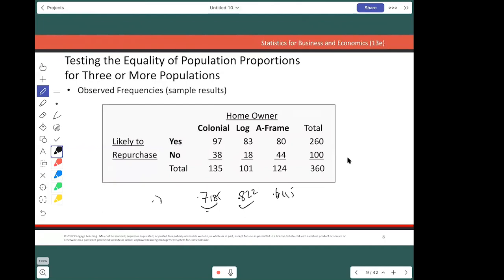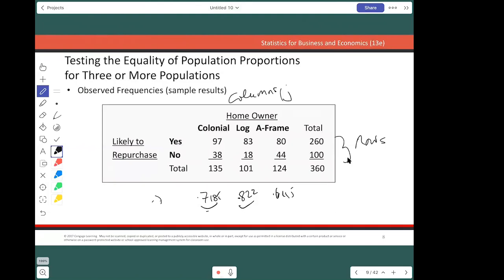So how do we approach this problem? One of the things we have to do is calculate. So let's just do some labeling right here. We have two rows in this problem, and then we have three columns. I'll come back to that later.